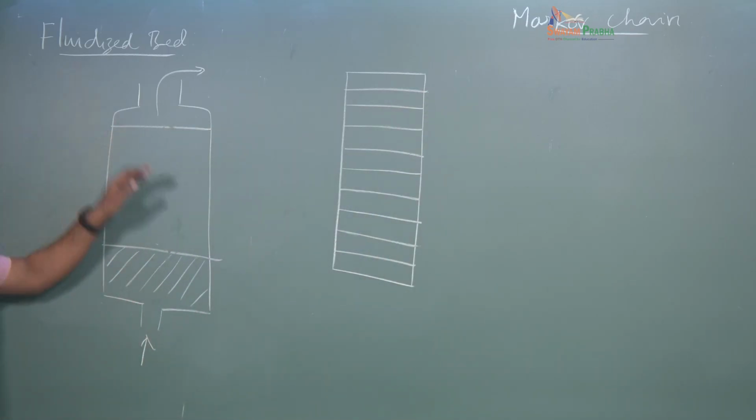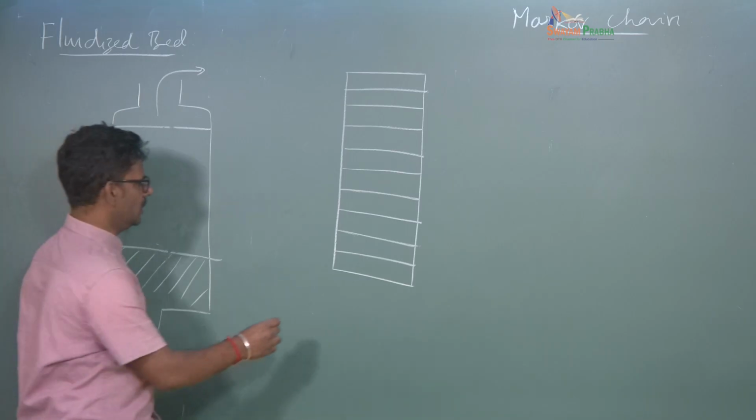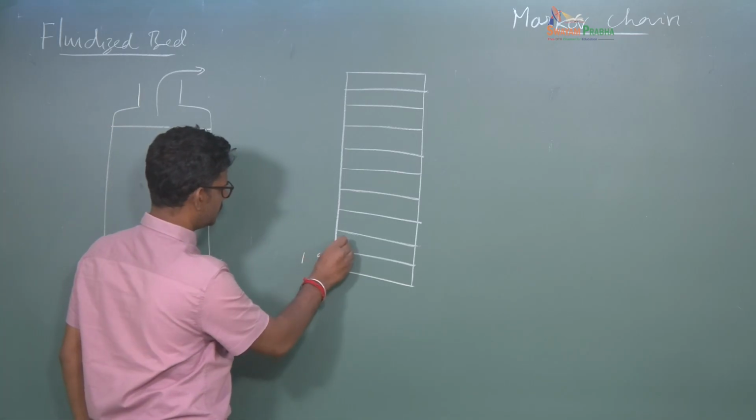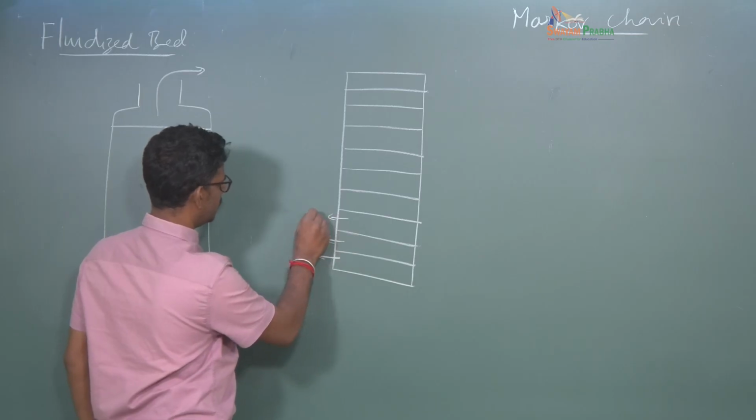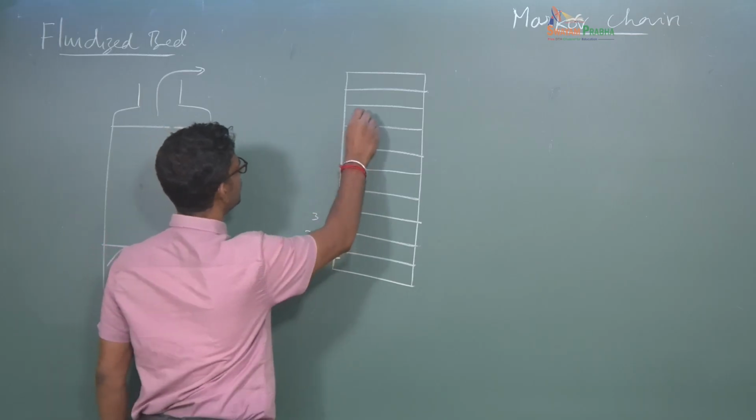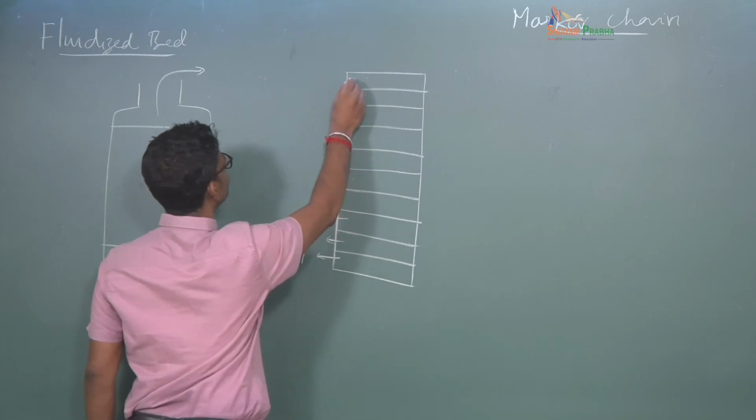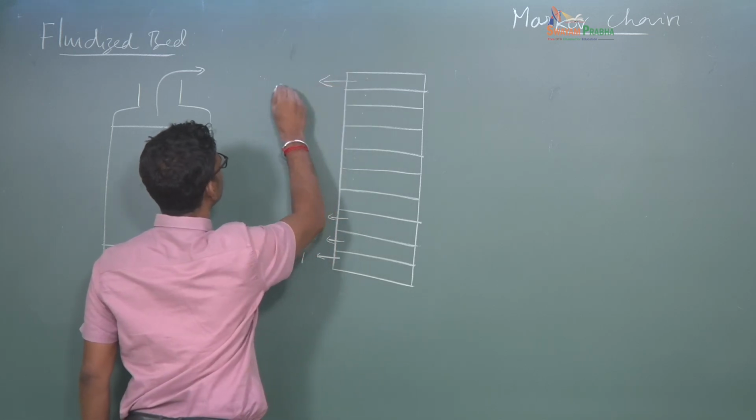So this entire column is broken into some n number of horizontal cells. We say this is cell number 1, 2, 3, 4, 5, 6, 7, 8, 9, 10 and so on. In fact, we will say this last one is n plus 1.